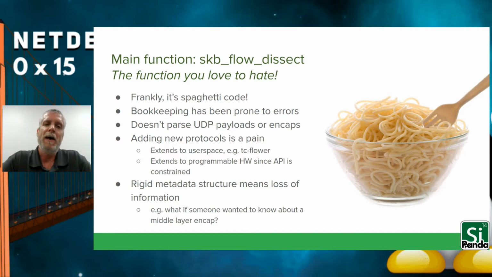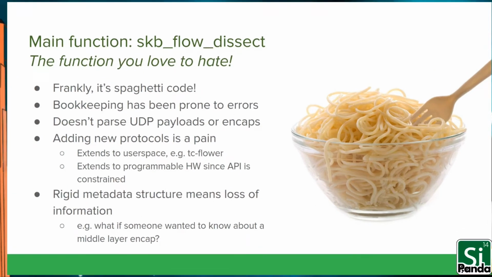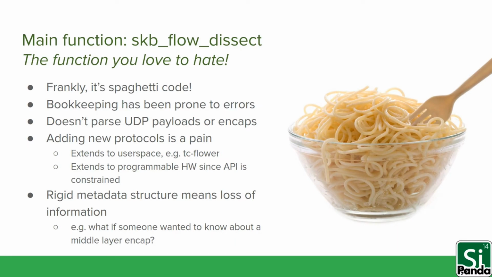And in addition to that, trying to implement a parse graph in C code, one of the major problems that we've noticed over the years is that the bookkeeping that's required for each protocol that we parse is very prone to errors. This bookkeeping specifically is things like when we encounter a protocol header that we're parsing, we have to determine the length of the header. And then we have to determine if that length actually falls within the expanse of the packet.